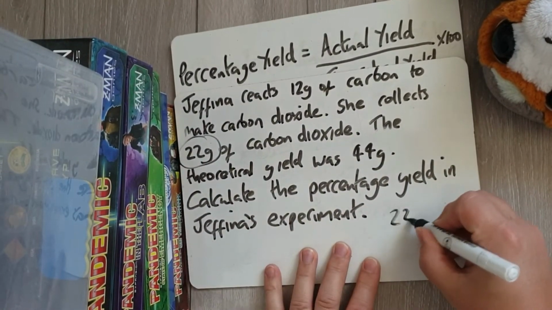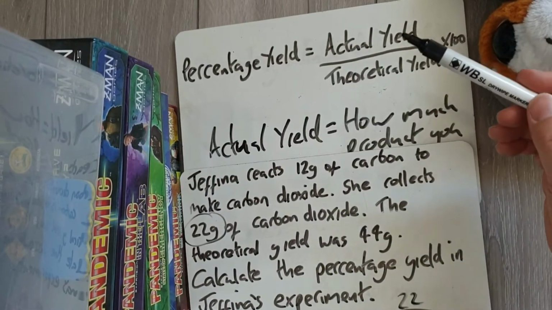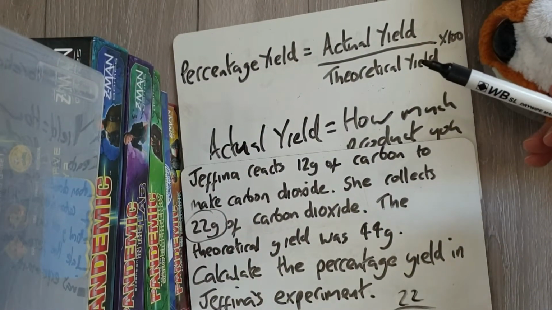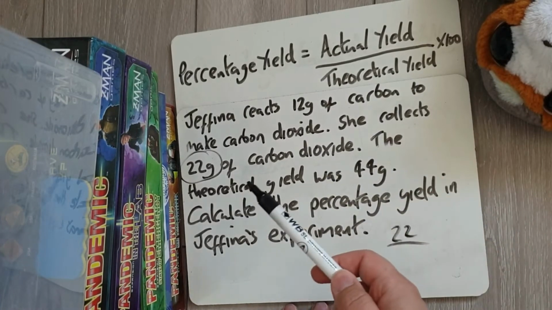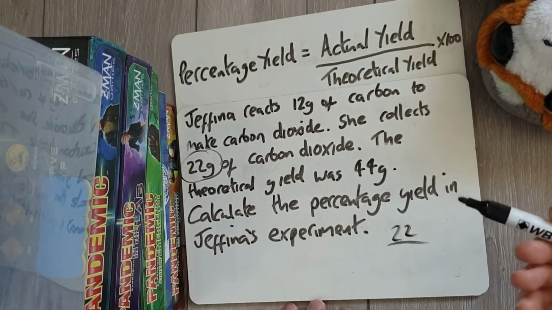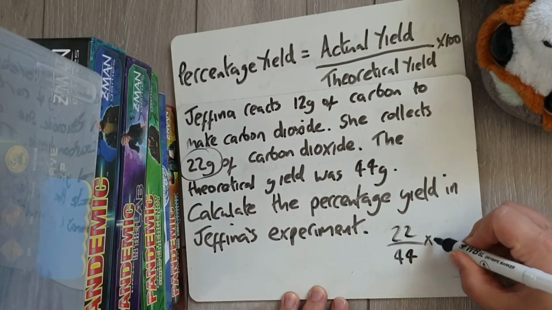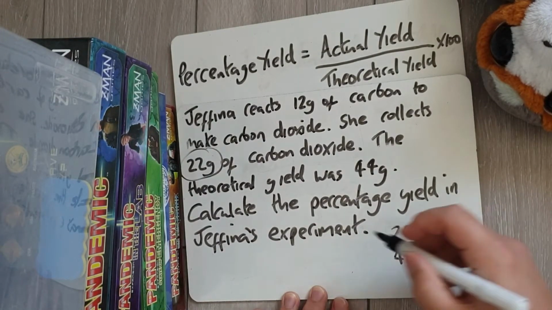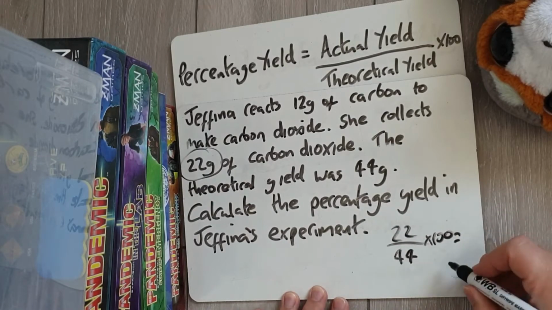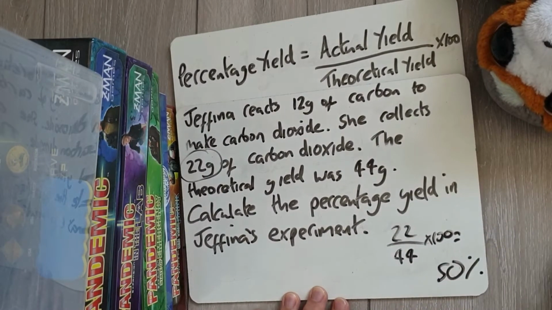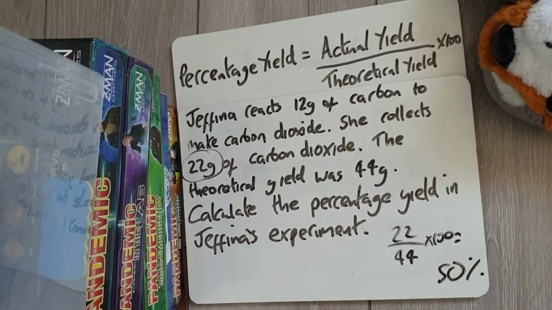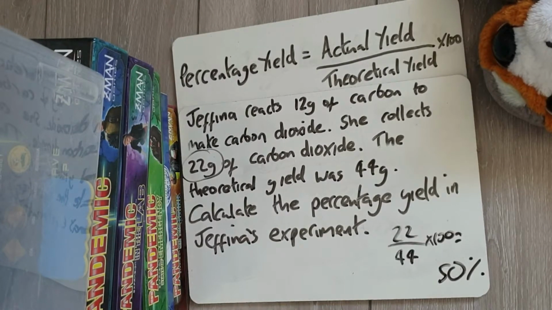So 22 divided by the theoretical yield. What's the maximum she could have got? The theoretical yield was 44 grams. So 22 divided by 44. What a coincidence, the maths worked out nicely. Times by 100. So Jafina's percentage yield is 50%.